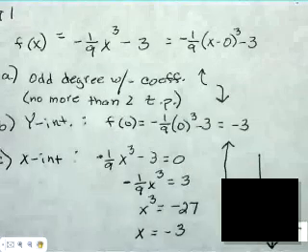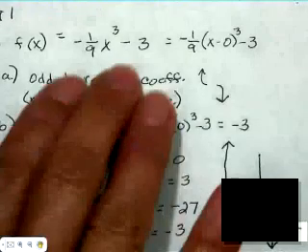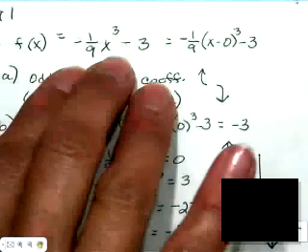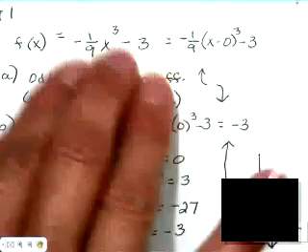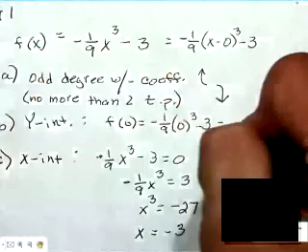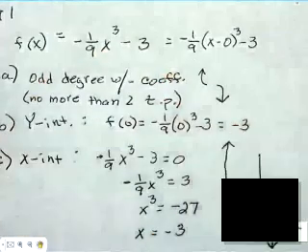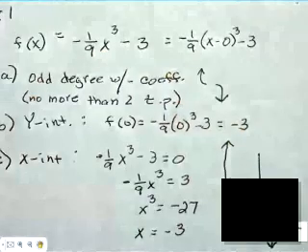So this one, because it's just the graph of negative x cubed shifted down 3, I know there's no squiggles in the middle. I'm just going to connect my 2 pieces of the graph there.